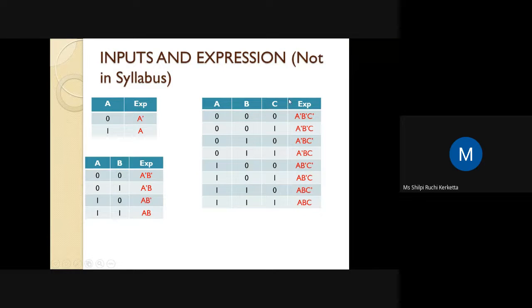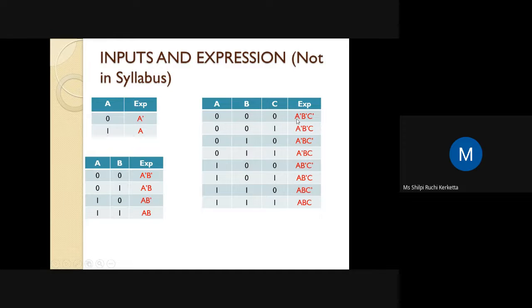Similarly, if we have three inputs, so inputs are A, B, and C. So we will have a total of 2 to the power 3 combinations. So we will have 8 combinations. So the different combinations we can write as 000, 001, 010, 011, and so on. So all these we can write like this, like it is 000.